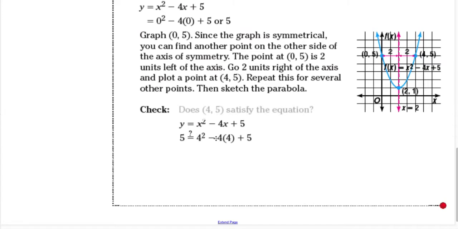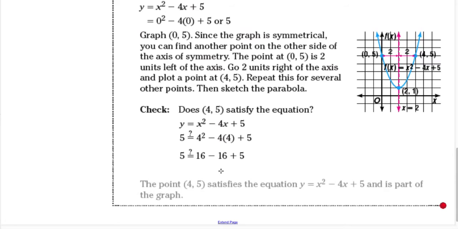If we check this, we want to find out if 4, 5 satisfies the equation, and if we substitute the values of x and y to our equation, you notice that it will satisfy the equation. So it is part of the graph, and we have checked our answer. And that's how you graph your quadratic equation using the axis of symmetry.